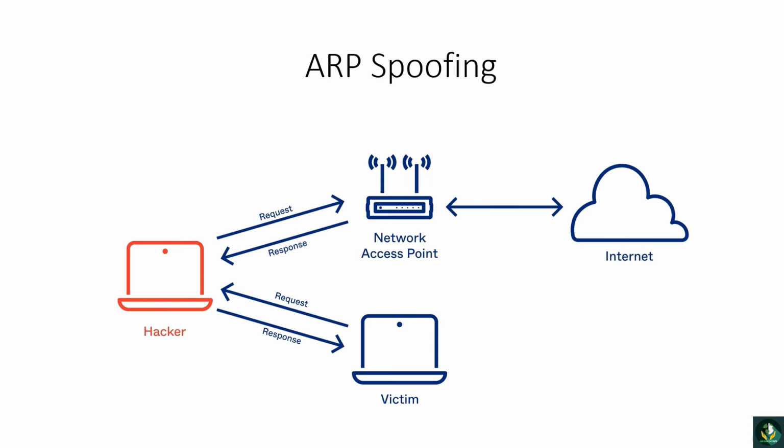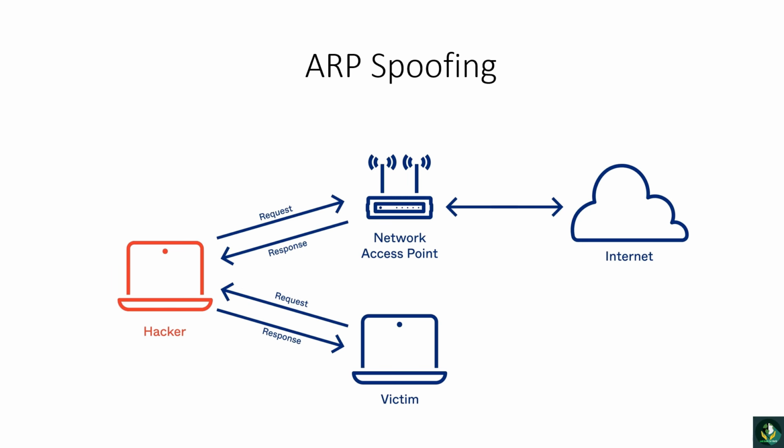So the result of this is that the victim is going to think that I am the router, and the router is going to think that I am the victim. So anytime the victim wants to send a request, it will flow through my computer and I am going to forward it to the router.